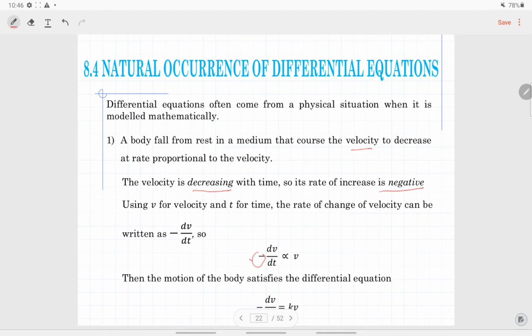Using v for velocity and t for time, the rate of change of velocity can be written as negative dv over dt, because here the velocity is decreasing with time. Negative dv over dt is proportional to velocity. Then the motion of the body satisfies the differential equation negative dv over dt equals kv, where k is the constant.